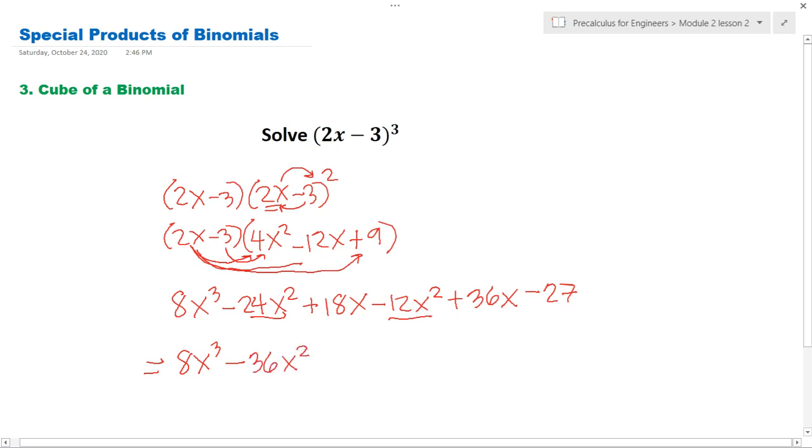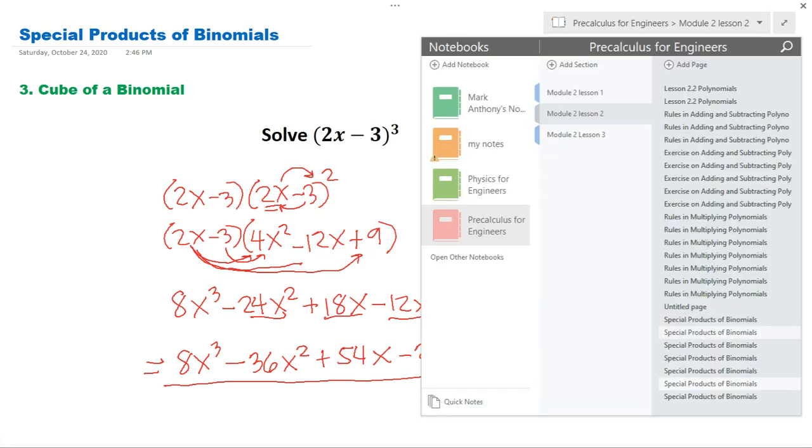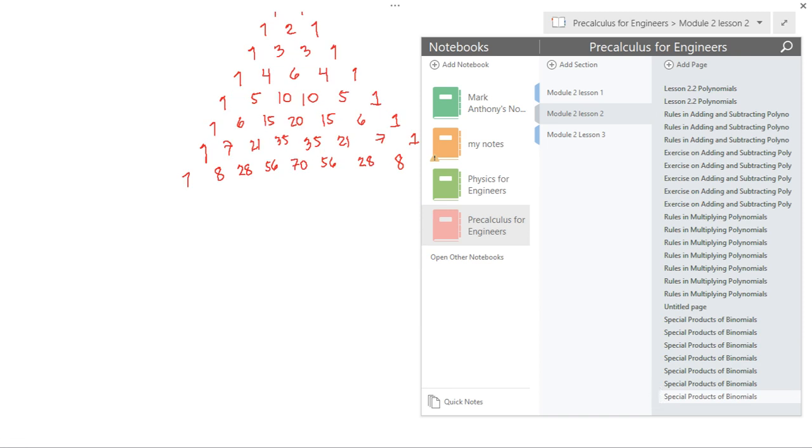Then, 18x plus 36x is equal to positive 54x. Then, copy the last term, which is the constant, minus 27. So, therefore, this would be our final answer. So, let's proceed to the last example.